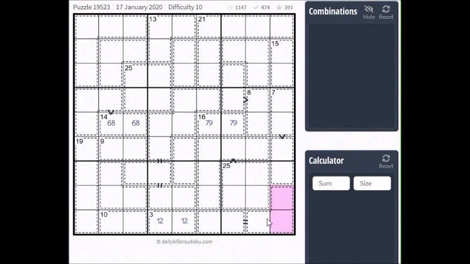Here we have two equal cages plus 13. So here we can discuss the possibilities of the equal cages here.